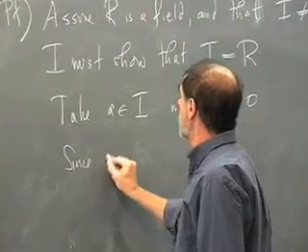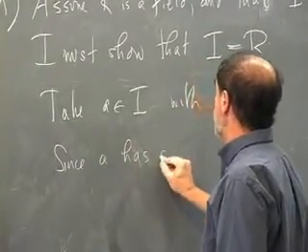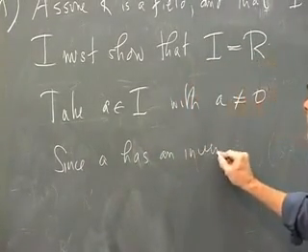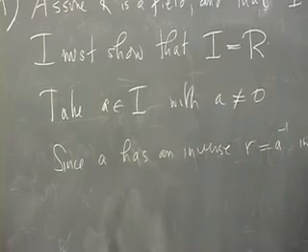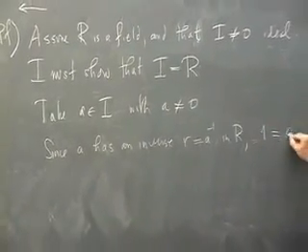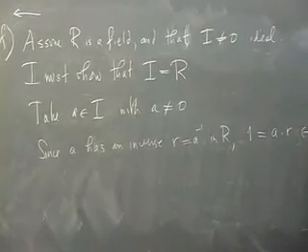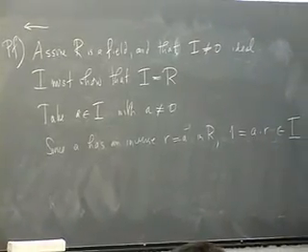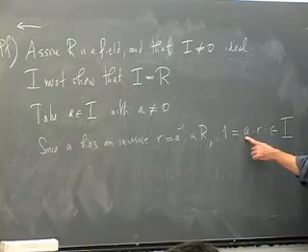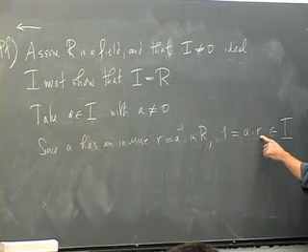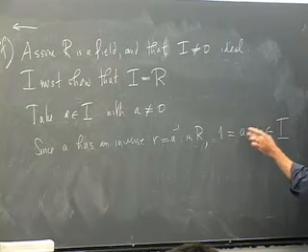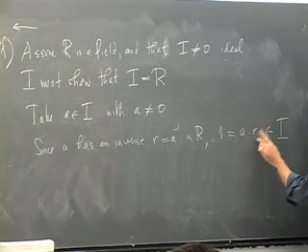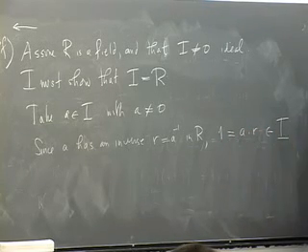Since A has an inverse, call it R, which is A inverse in the ring, 1, which is A times R, is in the ideal. Right? A is in the ideal. Whatever the inverse is, it's in the ring. So anything in the ring times the ideal is in the ideal. So 1, which is the product of A and A inverse, is in the ideal.